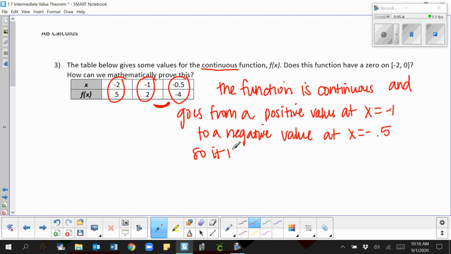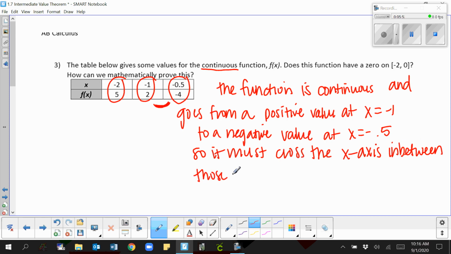So it must cross the x-axis in between those two values.